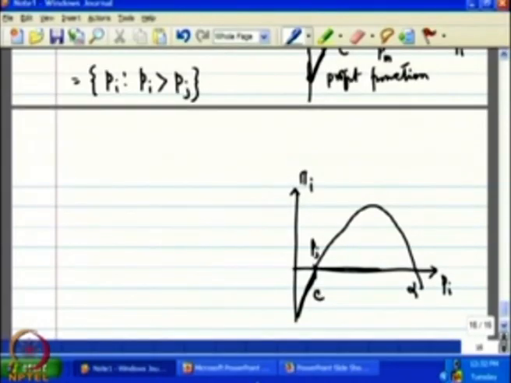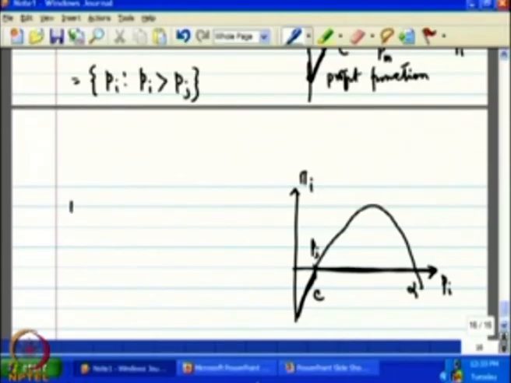If I charge price equal to C or greater than C, then my profit is not given by this curve that I have drawn, but by this horizontal axis. I am getting 0 profit in that case, which means that I should do that, because I am not earning positive profit in any case. So, what I can best do is to earn 0 profit.